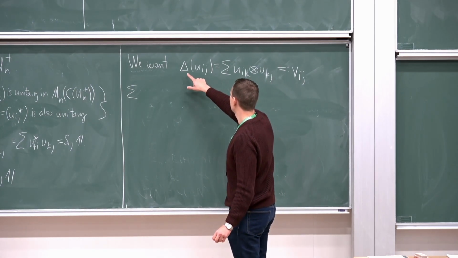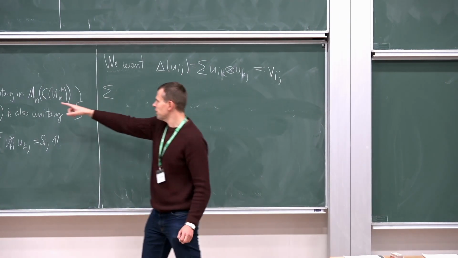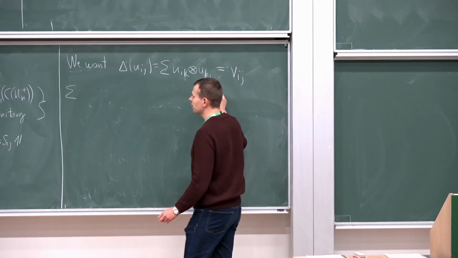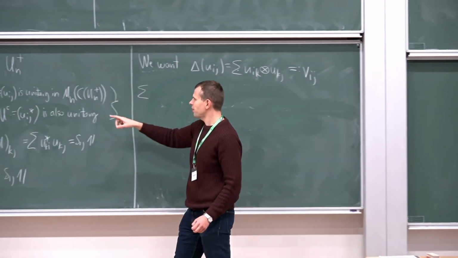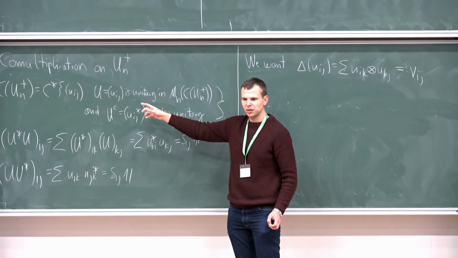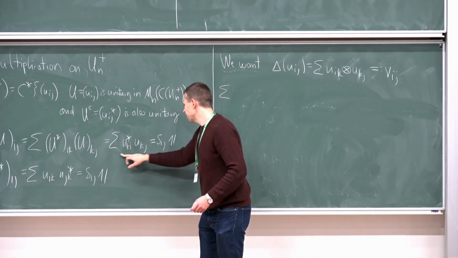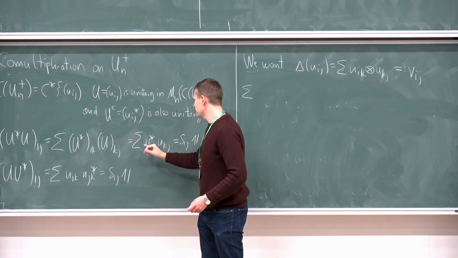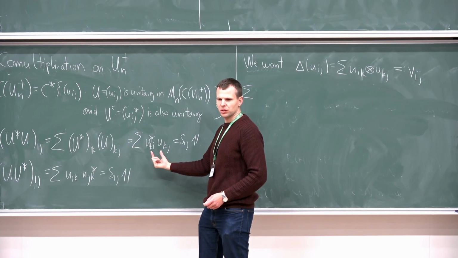We can define a homomorphism from this universal algebra to some other algebra if and only if the images of these generators satisfy the defining relations of this object. This is just the definition of the universal property. So we want these equations, and similar ones for U^c, satisfied by v_ij's in place of u_ij's.